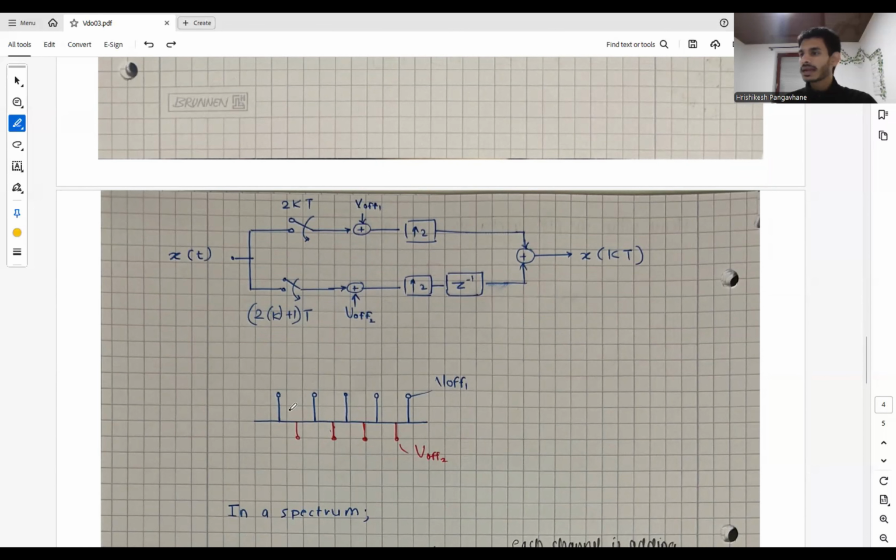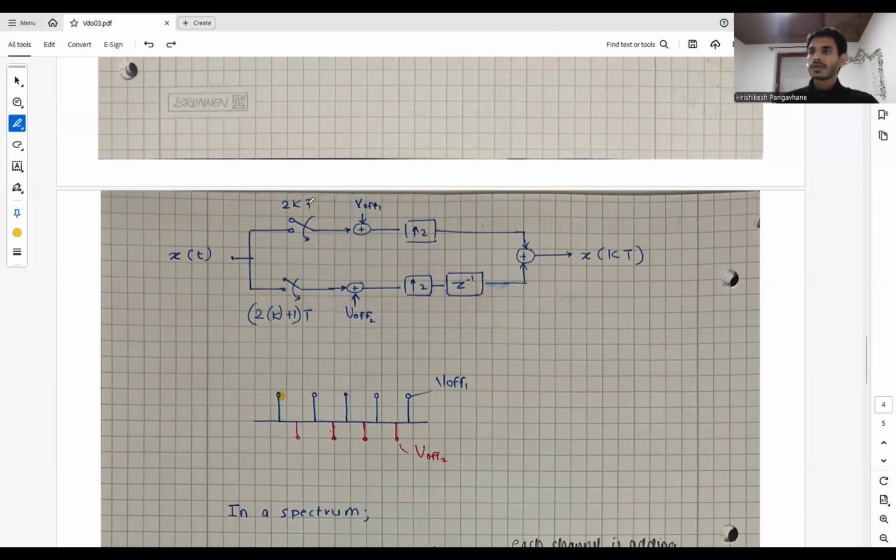At the output we get the sampled signal, right? The time is sampled, but along with that, whatever amplitude or voltage we have at the output, on top of that we will get some V offset in addition. We have our even samples, which are sampled by this channel, and this channel samples odd samples.